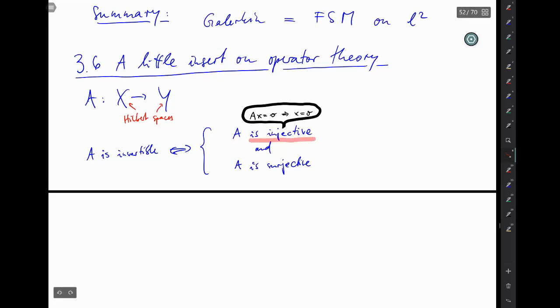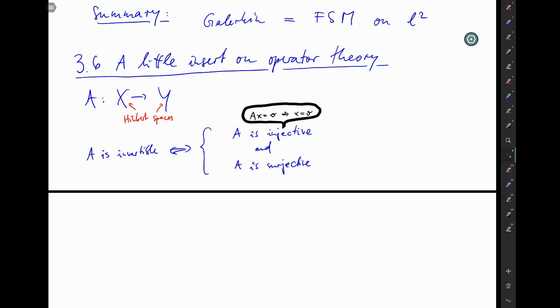Injectivity of your operator means the columns of your matrix are linearly independent, or you could say after elimination every column has a pivot. Now surjectivity is exactly the same statement but for rows instead of columns.